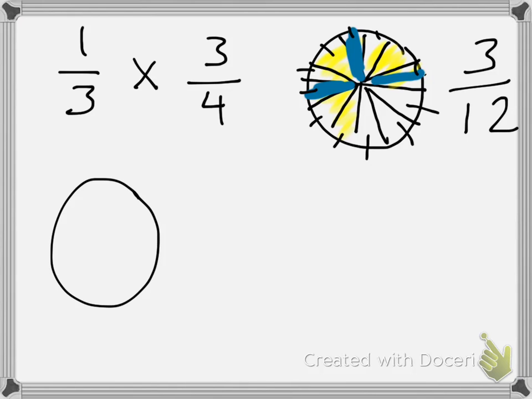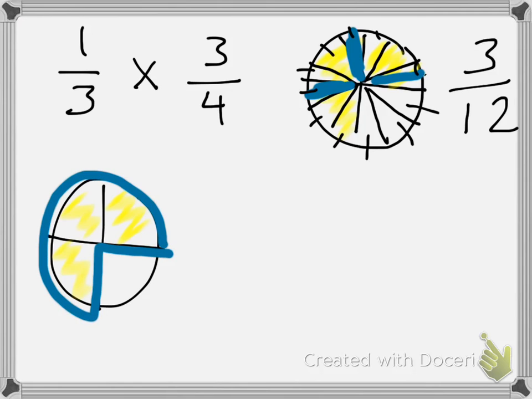I can say, hey, I have 3/4, and I'm going to fill in 3 of them, like I did before. And this time I'm going to take what I have, which would be this right here, and pretend this is a whole. If I pretend this is a whole, I want to break it into 3 groups because I want one of those groups. So I'm going to break this into 3 groups.